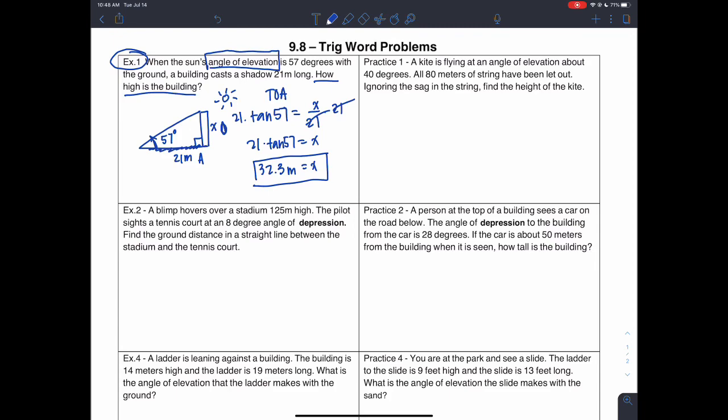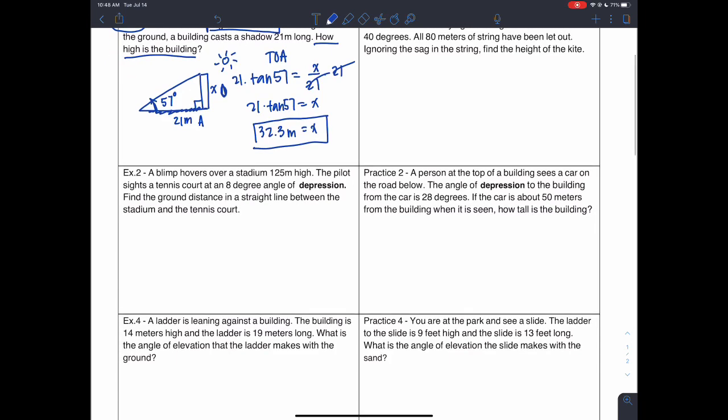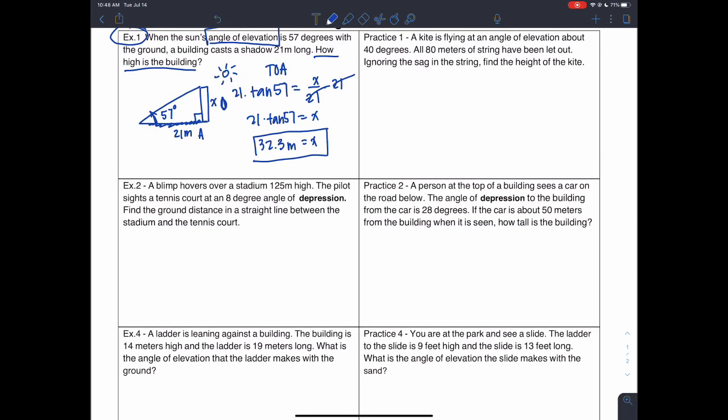Okay, let's look at example 2. A blimp hovers over a stadium 125 meters high. So if this is our blimp, it's hovering over a stadium, football stadium or baseball stadium, at 125 meters high.